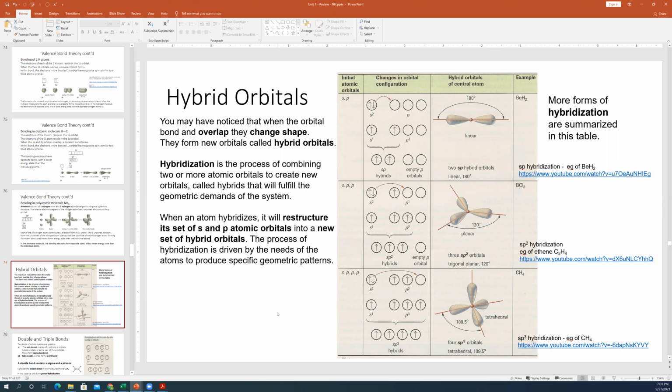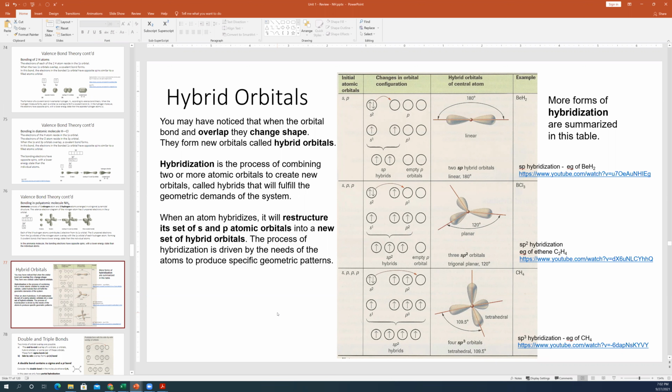When an atom hybridizes, it will redistribute its set of s and p atomic orbitals to form a new set of hybrid orbitals. This hybridization is really driven by the need for atoms to have specific geometric patterns.